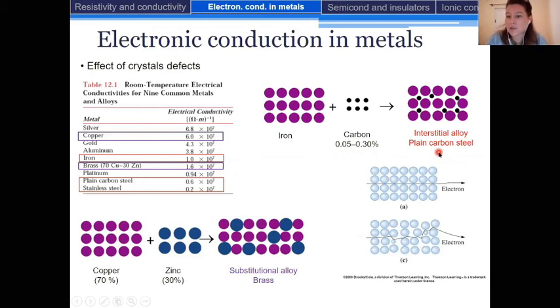You have the creation of an interstitial alloy, and it is the same phenomenon that occurs. You increase the number of scattering events, and so the electrical conductivity is decreased. And in the case of stainless steel, you have a little bit more carbon and other elements that are introduced, which decrease even more the electrical conductivity.